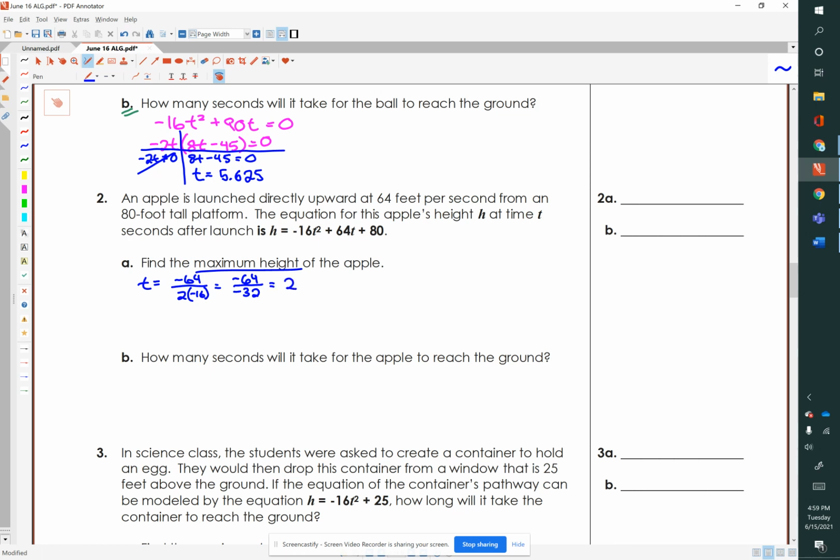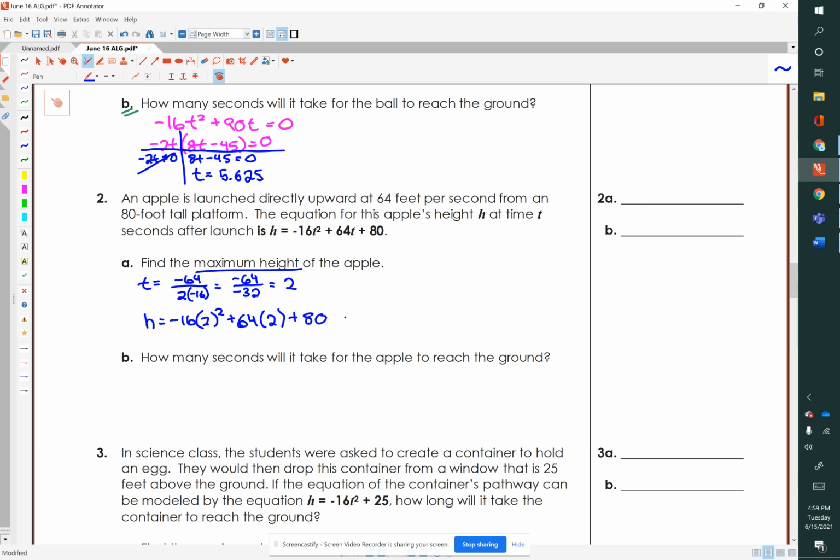We'll insert 2 into this equation and solve for h to get our height. So h equals negative 16, we substitute the 2, squared, plus 64, we substitute the 2, plus 80.